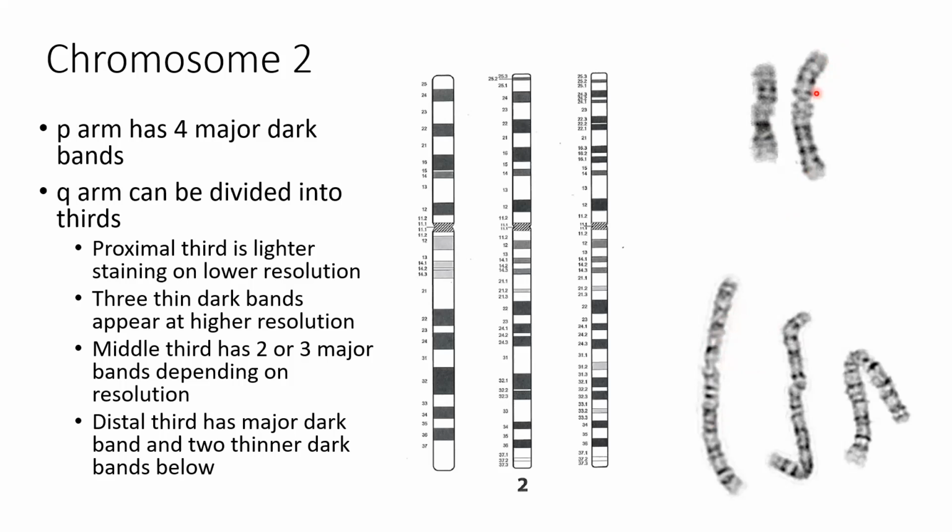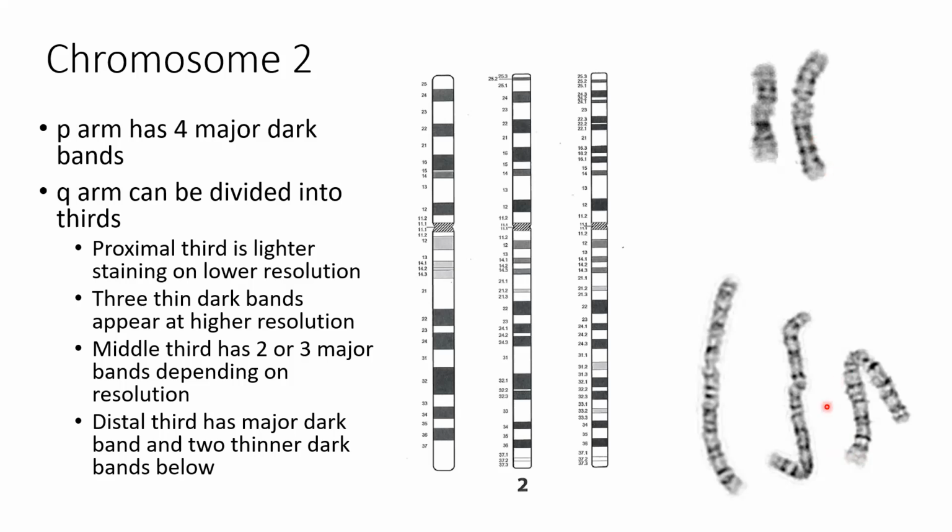in the P arm. And then in the Q arm, when I'm reviewing a case and looking at chromosome 2, I'm concentrating on 3 regions in the Q arm. It's this kind of lighter region up here, and then a dark region, there's a lighter gap, and then again, 3 dark bands, obviously separated by lighter bands.